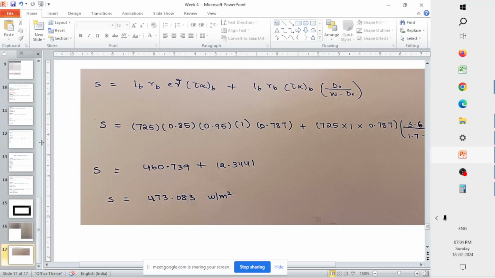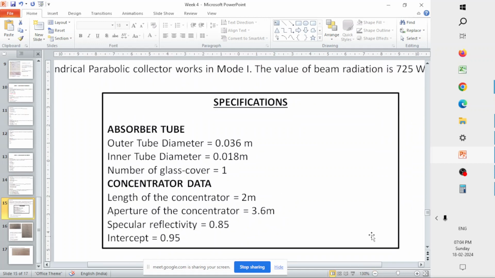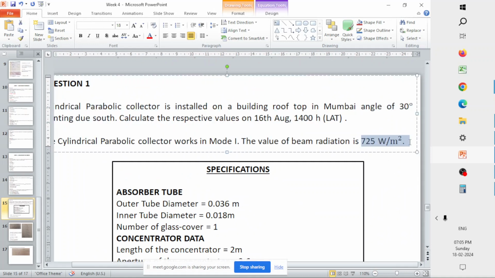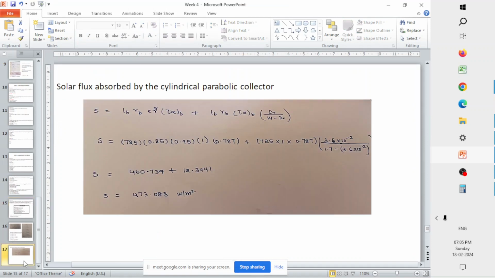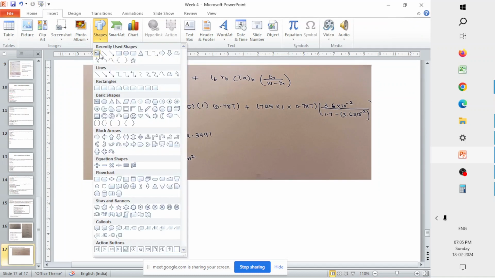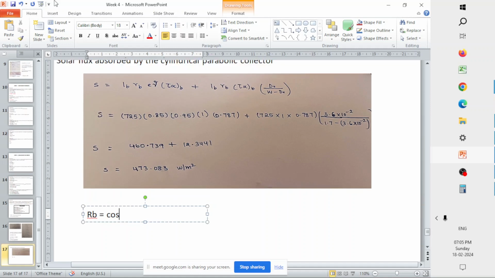IB, if you see in the question, I have taken the value of IB as 725. So you know your value of IB. RB is 1. RB is nothing but the tilt factor for beam radiation, which is equal to cos theta i divided by cos theta z.